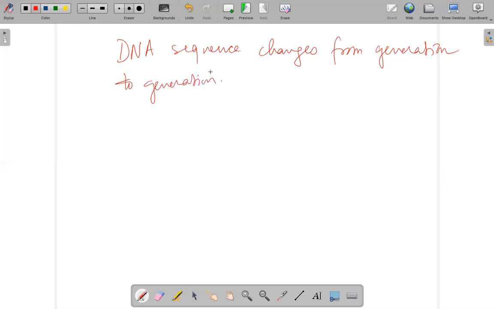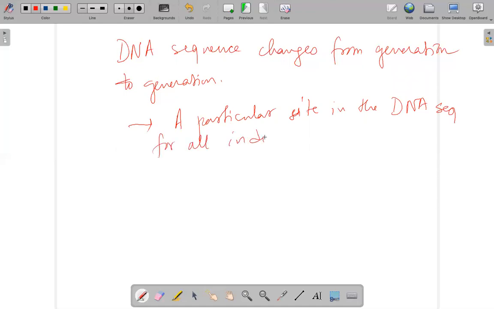Okay. Now this can have various effects. So one effect could be that a particular site in the DNA sequence for all individuals of a species gets changed or mutated.